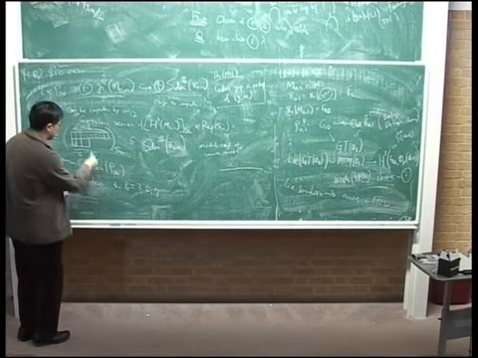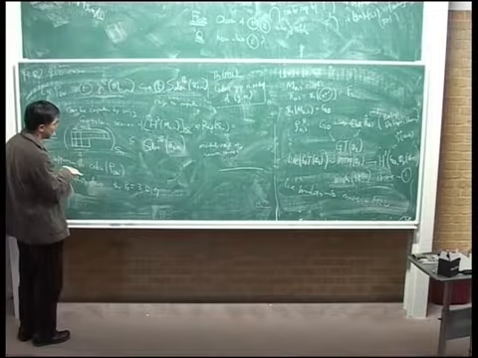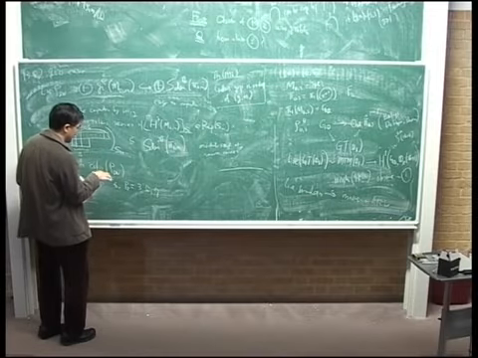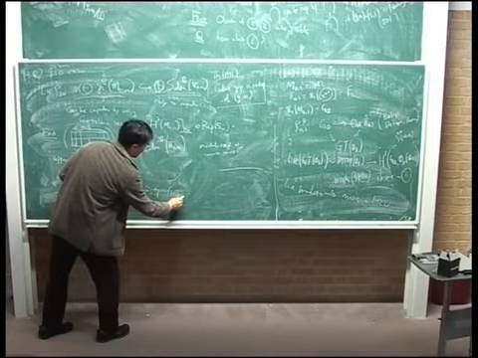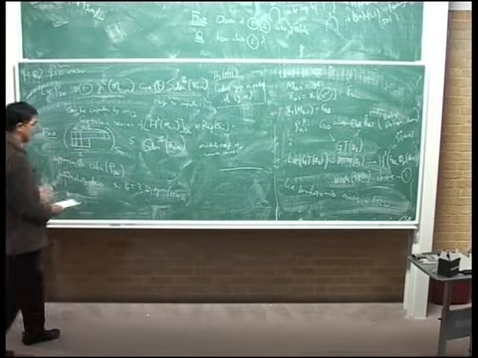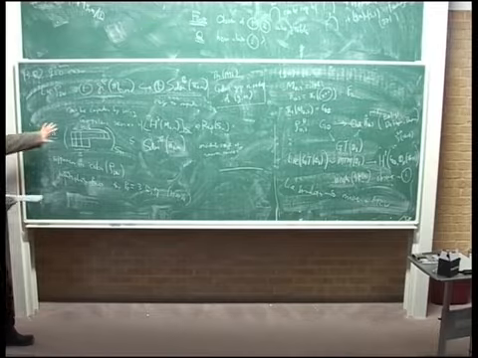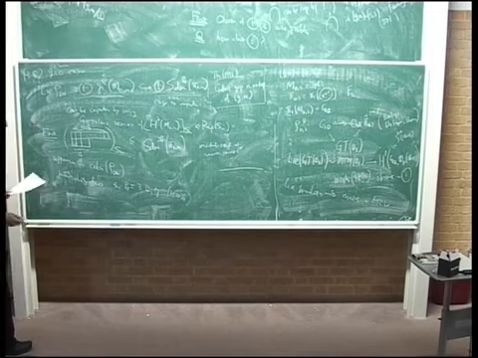But of course, in this case, we consider the stable situation, so n should be bigger than 3. And if n is smaller than 3, then we have to specialize all these computations by classical representation theory.